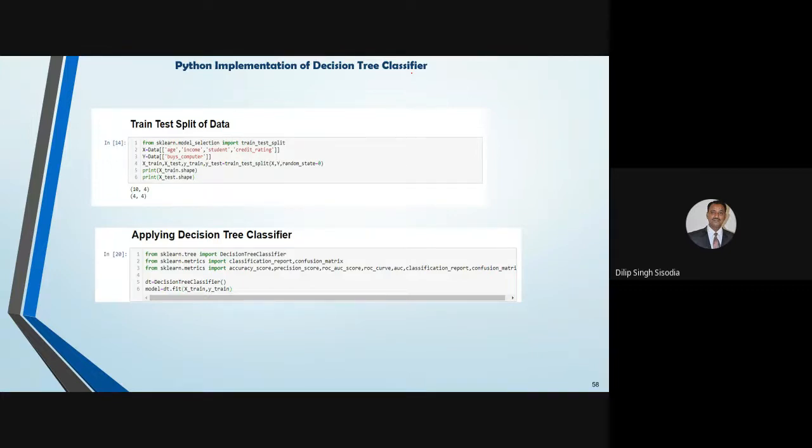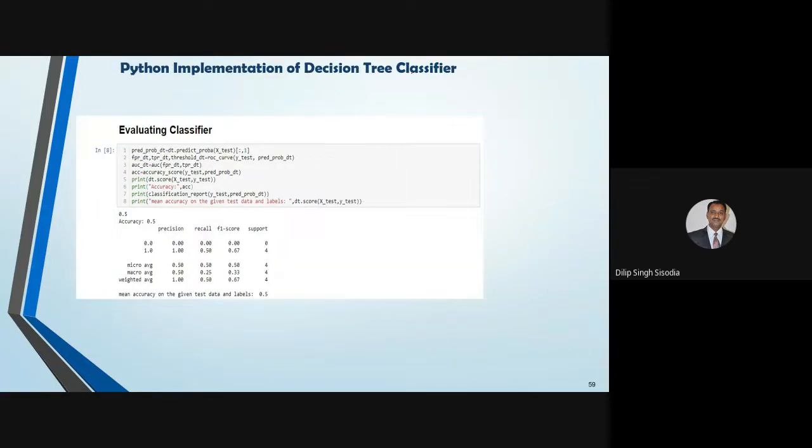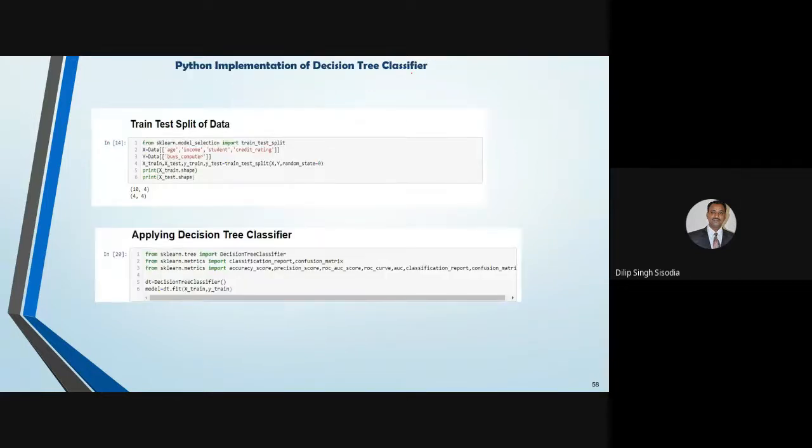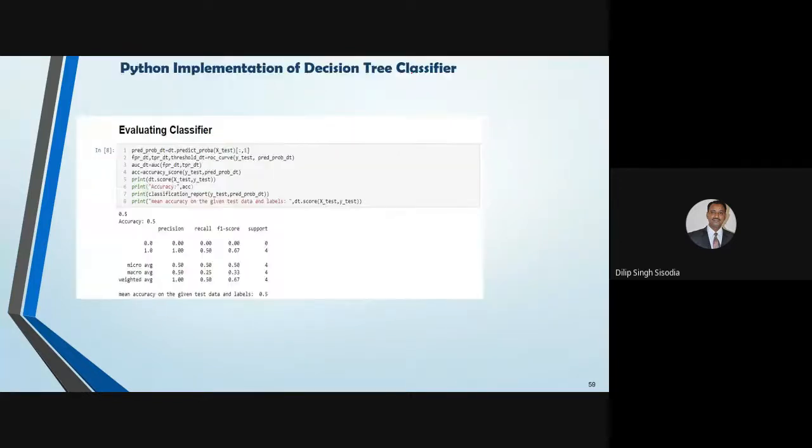Or we can use all 14 examples for training. So this is our result. In this way we can take these measures: precision, recall, and F1, which we included earlier.